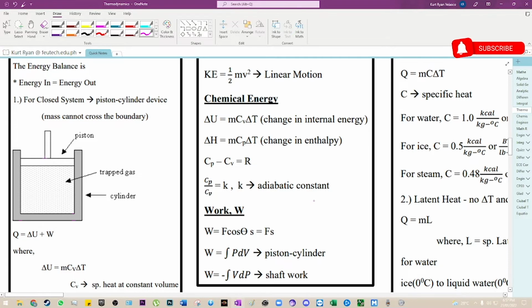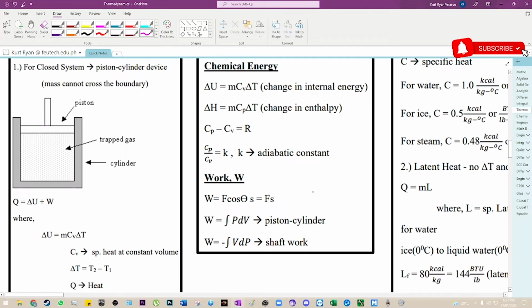Now for the work, work is equal to F cosine theta S, where F is your force, theta is the angle, and S is your displacement. You can also have just Fs if theta is equal to 0, because cosine 0 is just equal to 1.